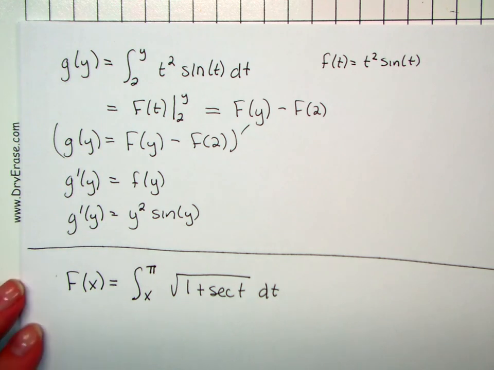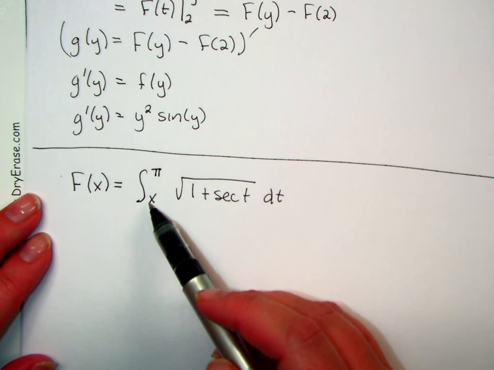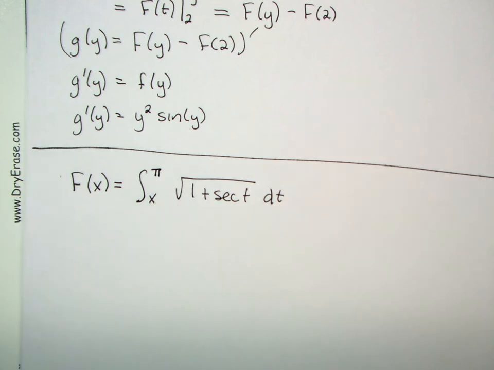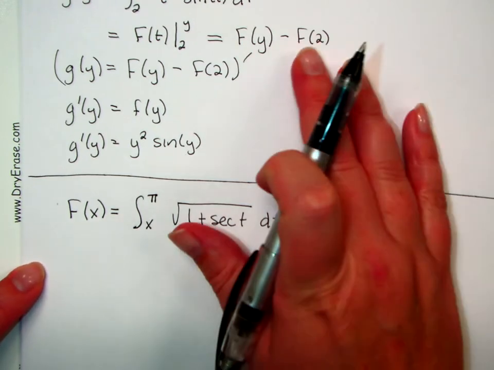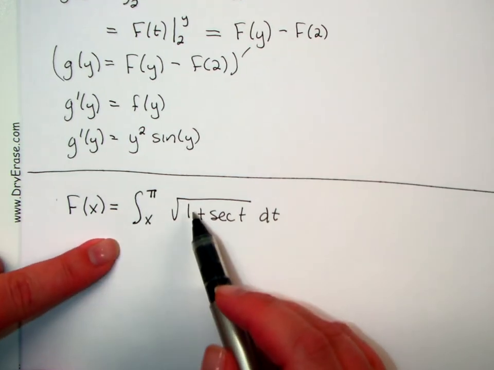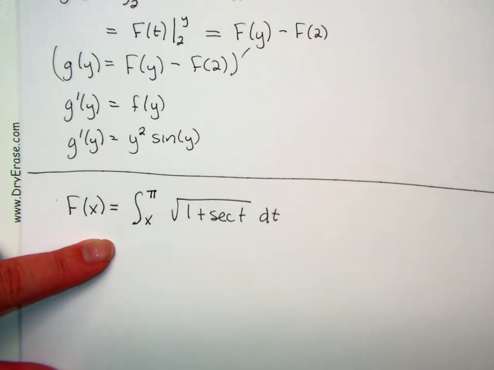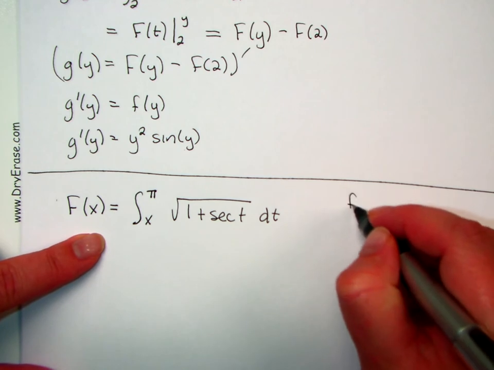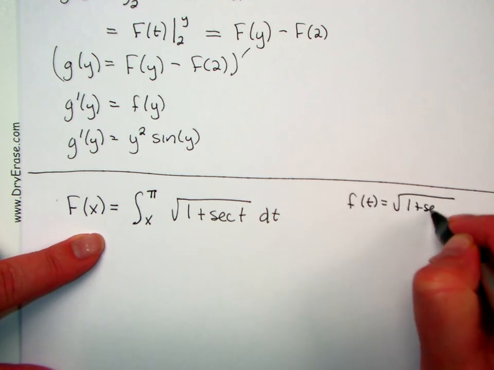All right, so instead of the integral being from a to x, now it's x to a, if you will. So we can still use this pattern here. And what we're going to do is not actually find the antiderivative. We're just going to call it capital F. Now I know this is capital F too, but remember, little f of t is the square root of 1 plus secant t.